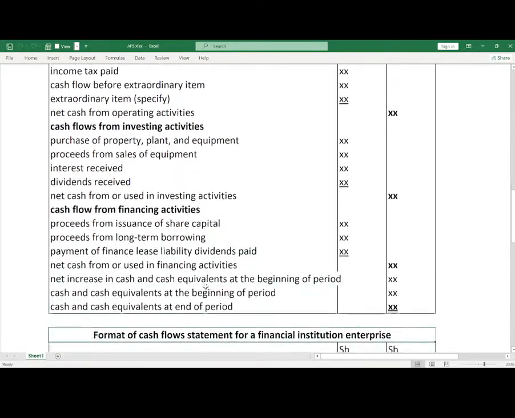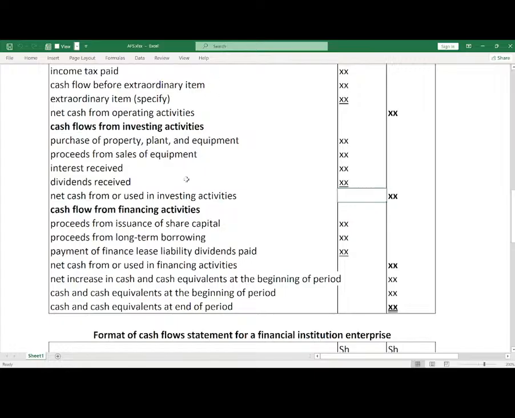Let's introduce now the cash flow from investment activities. Here we include all the purchases: the purchases of property, plant, and equipment, the proceeds from sale of equipment, interest received, dividend received, so that we get now the net cash flow from or used in investing activities.